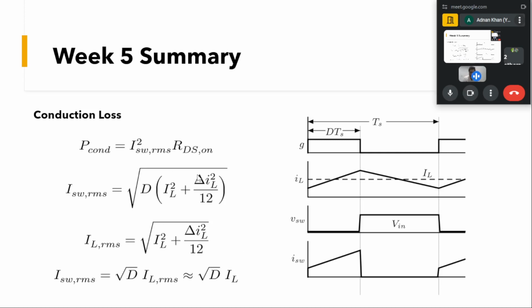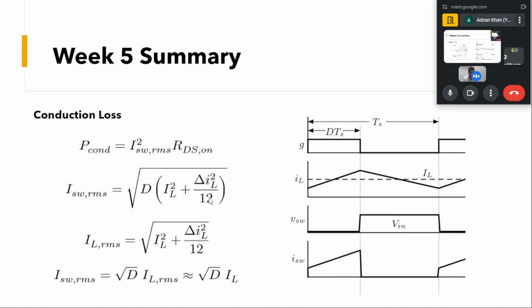Going into further detail of this P conduction loss, as we know, P conduction loss will be equal to the square of the RMS switch current into RDS on. If we calculate this RMS of the switching current, it will come out to be equal to root of D into IL square plus delta IL square by 12, where IL is the average of the inductor current in the steady state.